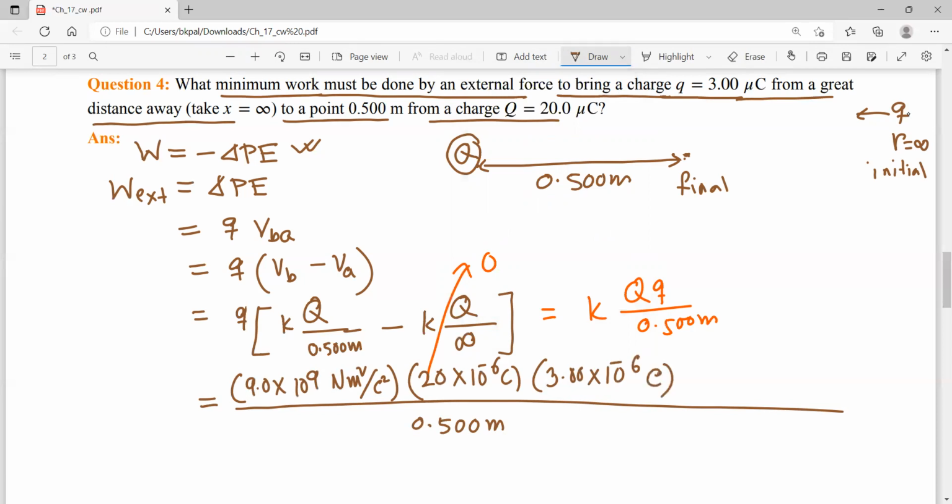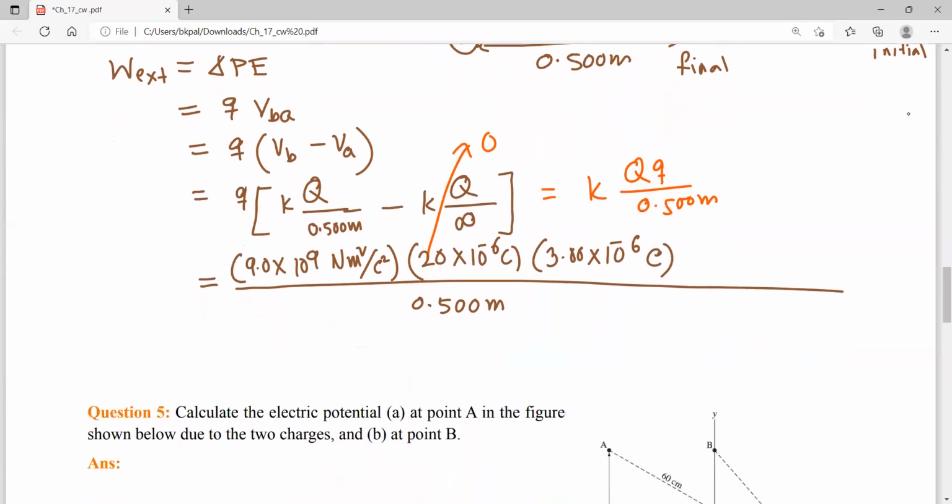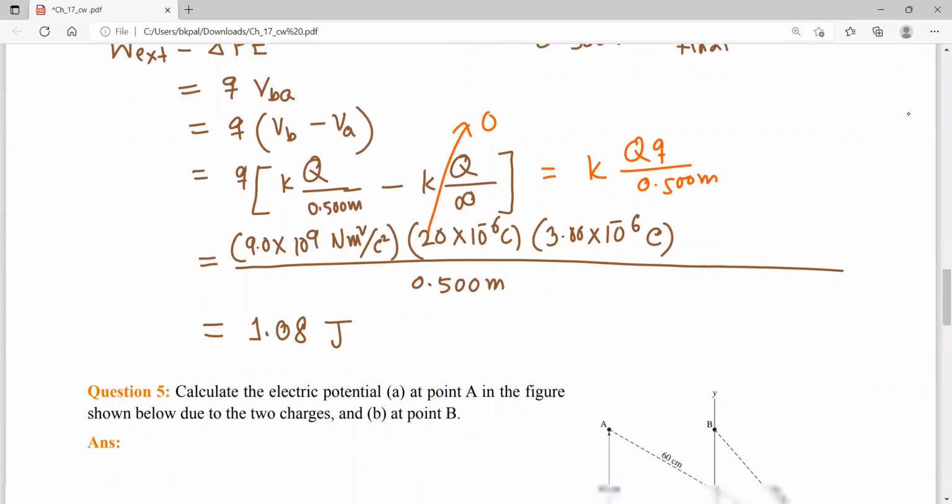Okay, and then when you plug all these values in your calculator, you should get something like this. So the amount of work we need to do is 1.08 joule.